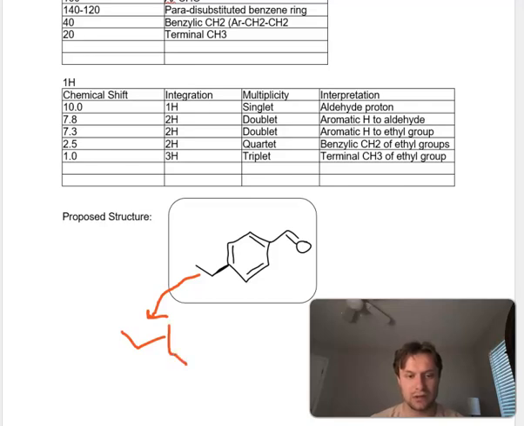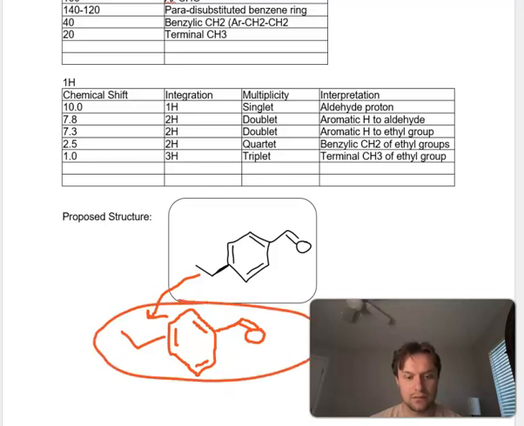So that's where we get that from the spectrum. And then we knew we had an aldehyde, so that's where we have our bonds to the carbon here with the double bond to the oxygen to make the aldehyde. And that is our final product.